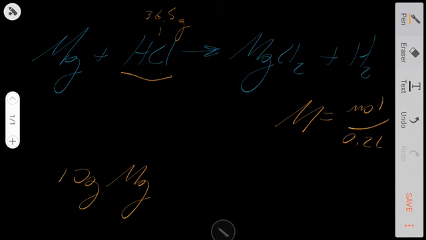I've got 10 grams of magnesium. I want to convert that to moles. In 1 mole, I have 24.3 grams.